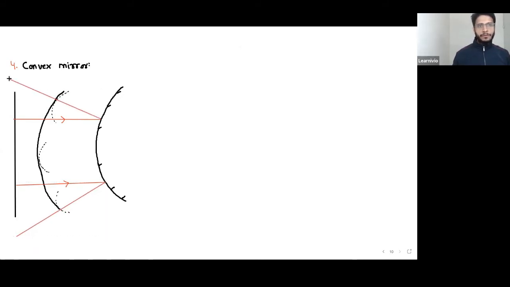So a convex mirror basically diverges the rays. After the convex mirror, the next is the concave mirror. A concave mirror is converging.